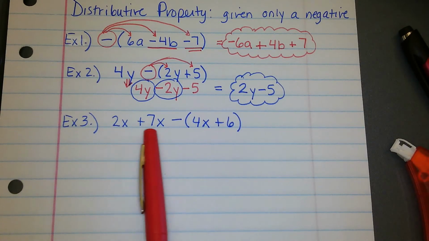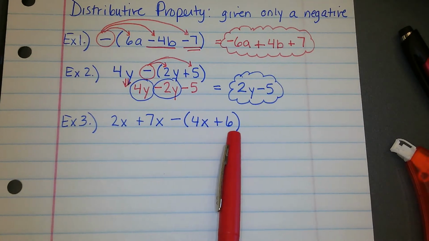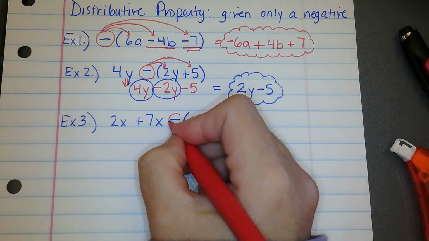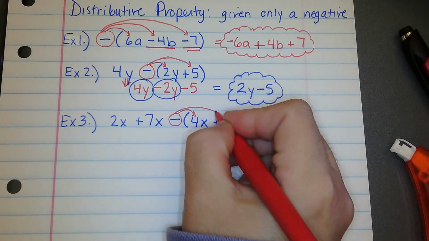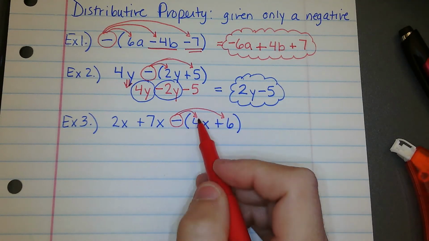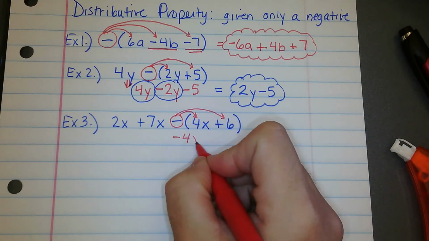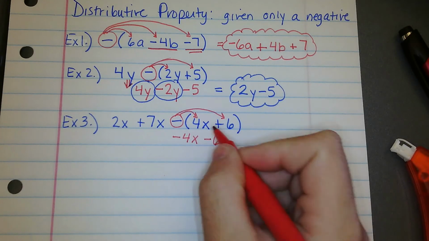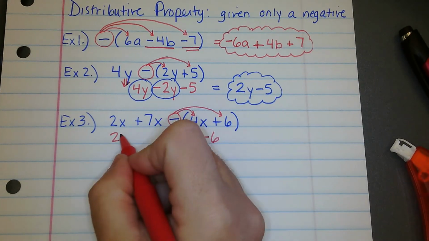What you should notice is the parentheses. So you should be thinking distributive property, and they want you to distribute that negative. So we're going to distribute the negative first. Don't do the other stuff. Just distribute your negative first. A negative 4x and a negative 6. Bring your other two things down.